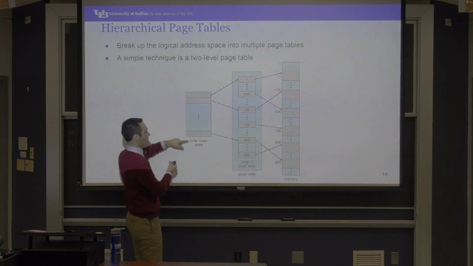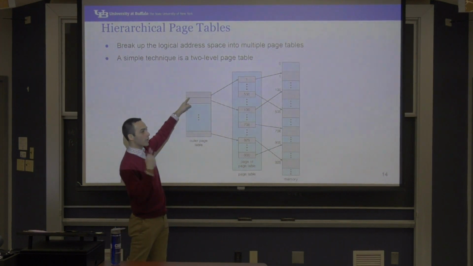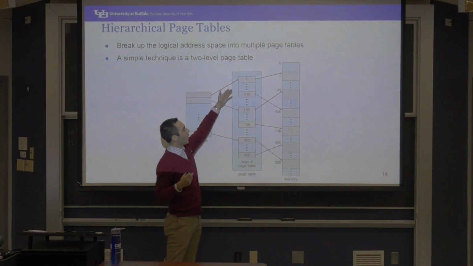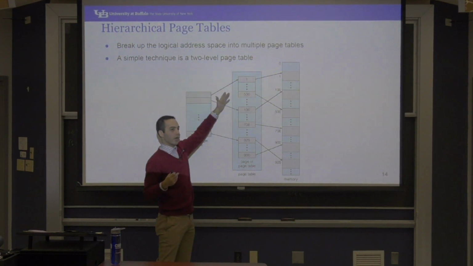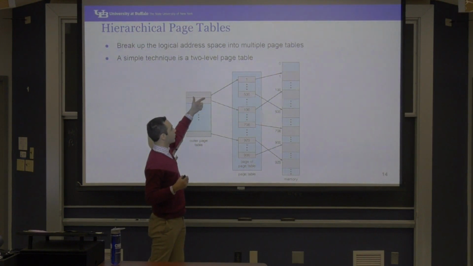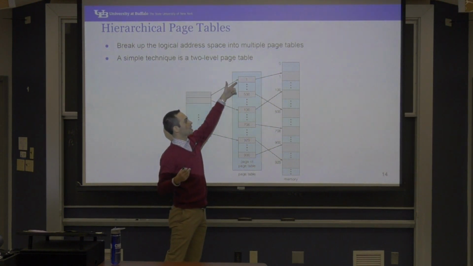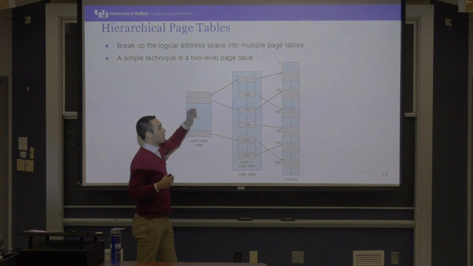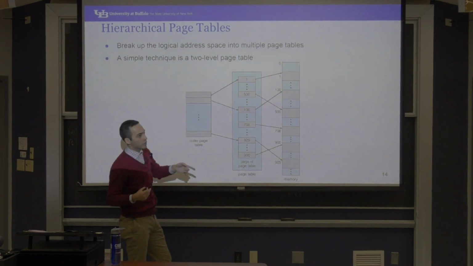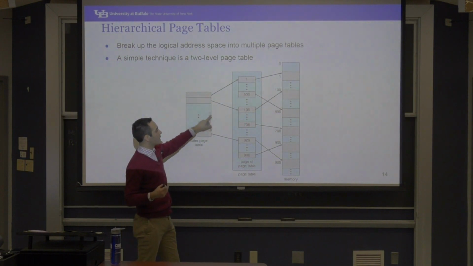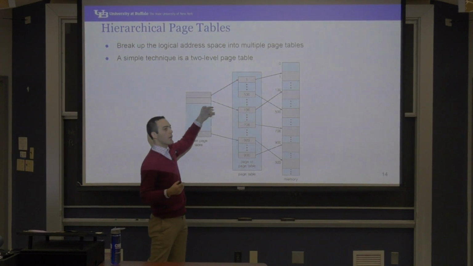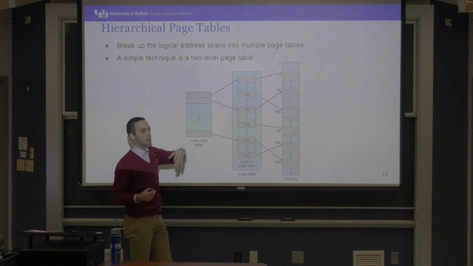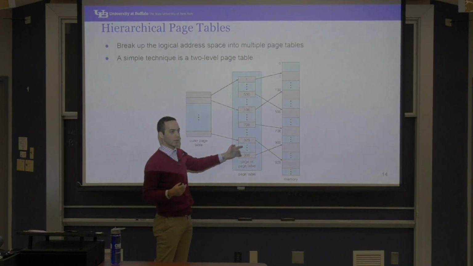The outer page table says, okay, page entries from, for example, 1 to 100 are in this location in memory. Page entries from 200 to 299 are, for example, in this part of memory. Page entries from 300 to 399 are pointed like this, right?